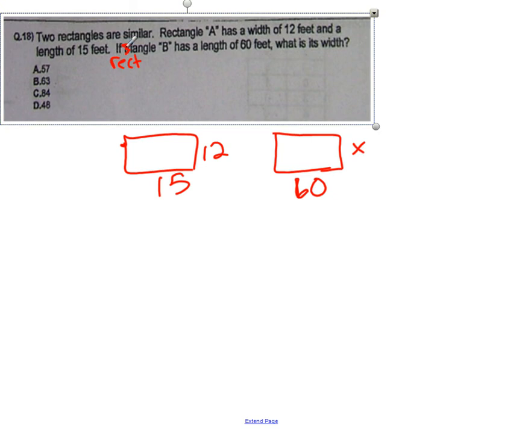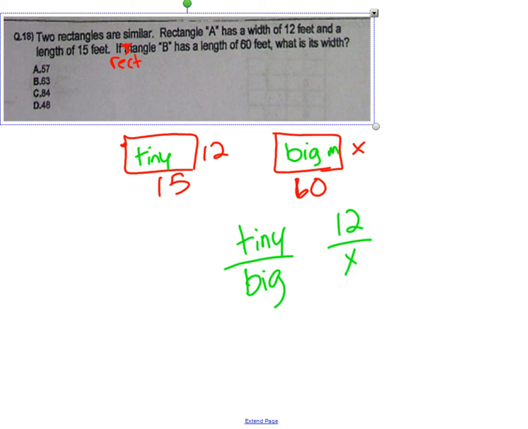So we could call this tiny and big. You can call it whatever you want. And we can take one side from the tiny rectangle, 12, and that corresponds to, and that's equal to, and now there's all sorts of stuff we can do from there.